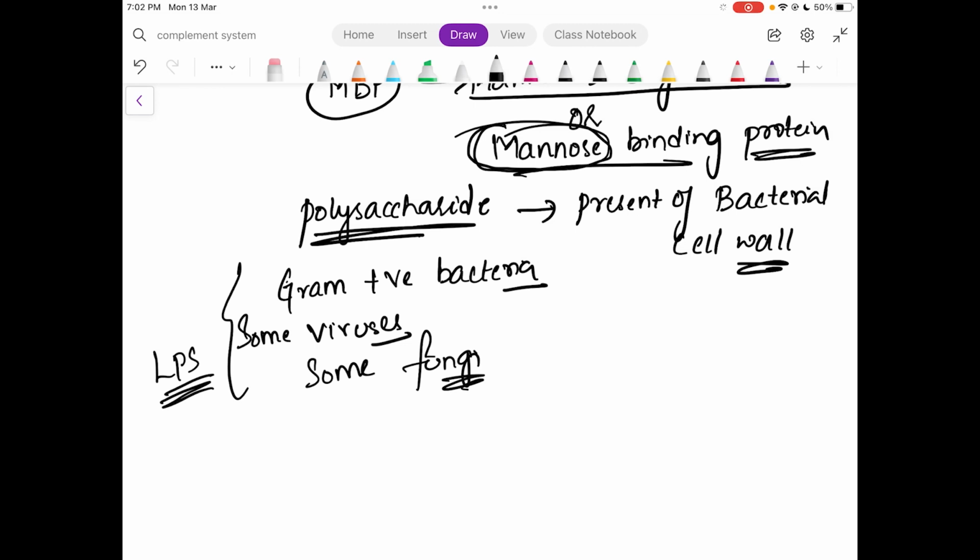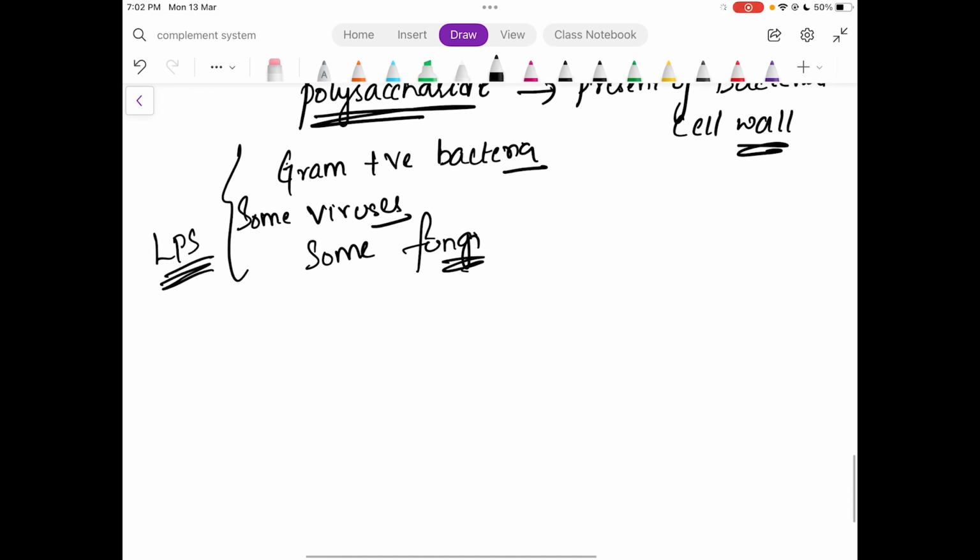This LPS will contain mannose as one of its parts, and whenever this type of bacteria enters the body, mannose binding proteins are activated and bind with this bacteria and form a complex.